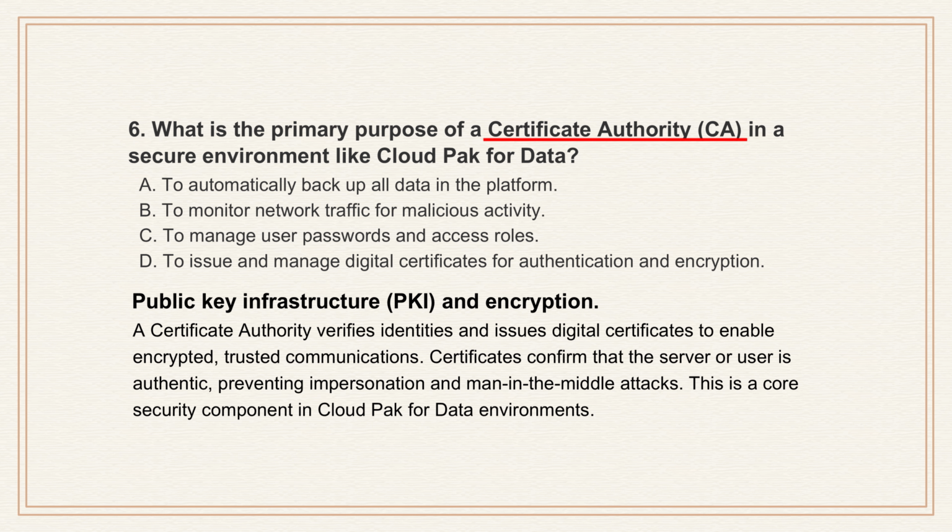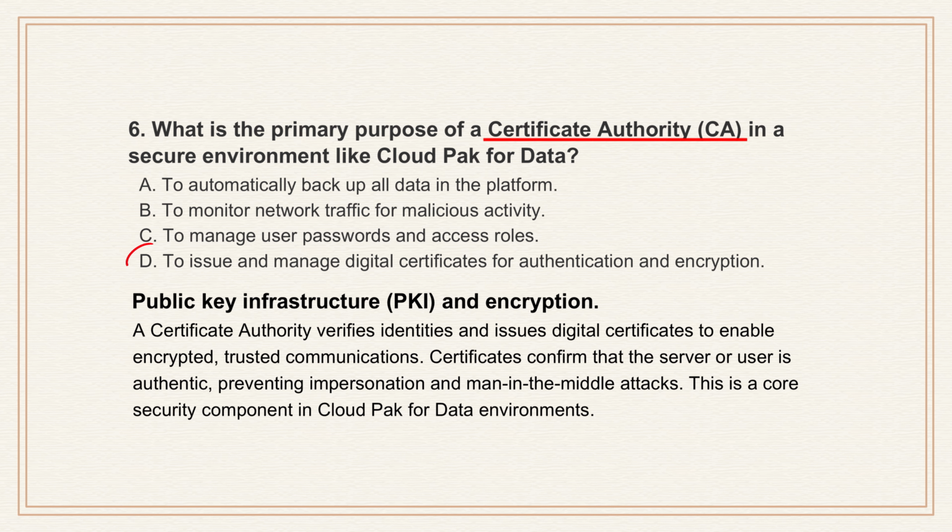Yeah, and these certificates are fundamental for two things: authentication, proving who's who, and encryption, scrambling the communication so no one else can read it. Basically, the CA acts as this trusted third party. It builds a solid chain of trust throughout your entire system. Got it. Without a well-managed CA, you lose that foundational layer of verified identity and secure comms. And that just opens your system up to all sorts of vulnerabilities you might not even see.